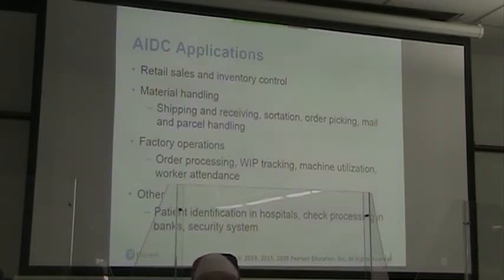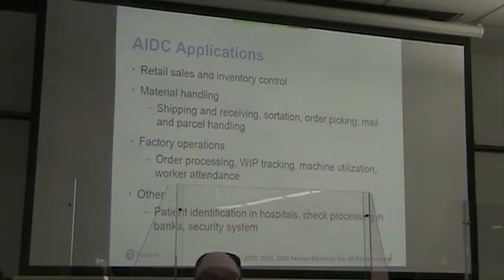So what are some applications that we might have for automatic identification and data capture? Well, in retail sales and inventory control, we are definitely seeing, or have seen, a huge revolution.